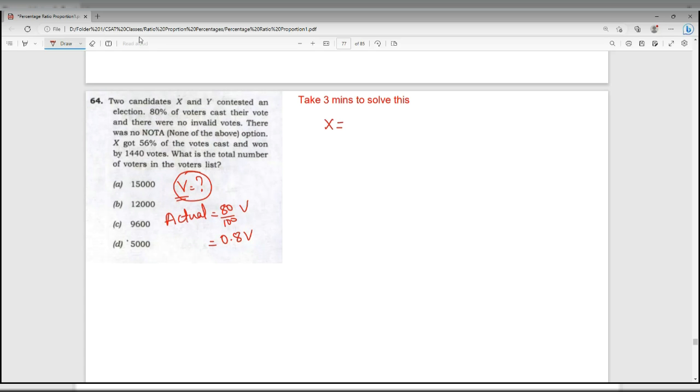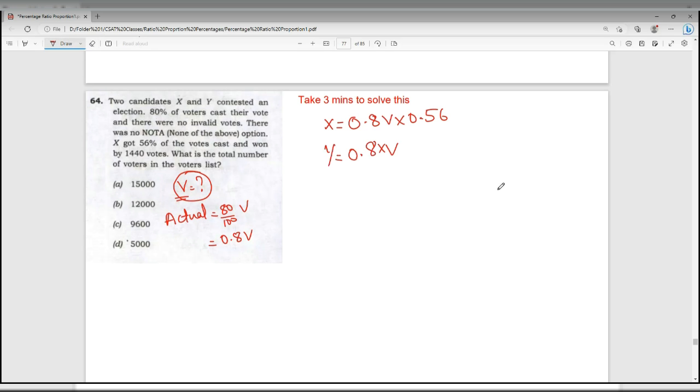The total number of people who have voted is 0.8 into V. And in that he has got 56% votes, 0.56. 56% means 56 by 100, so I've taken it as 0.56. And what about Y? In that 80% of voters who have cast their vote, he has got 44%.